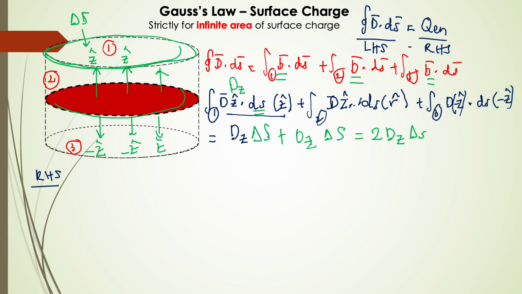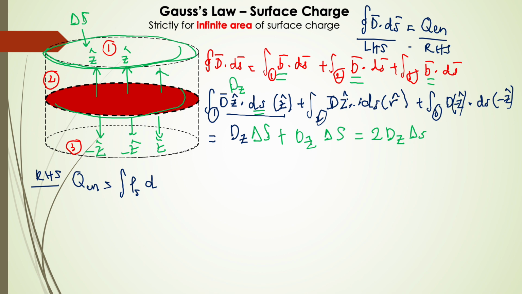Now for the right hand side, the Q enclosed will be the integration of rho s dS. It is very difficult to write on this. Perhaps I need a new one.